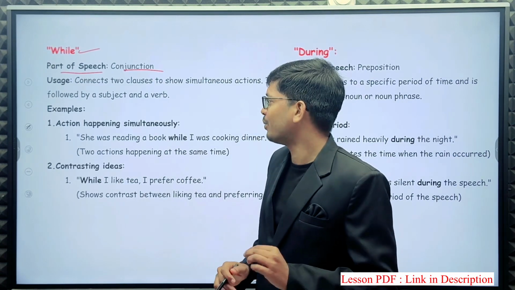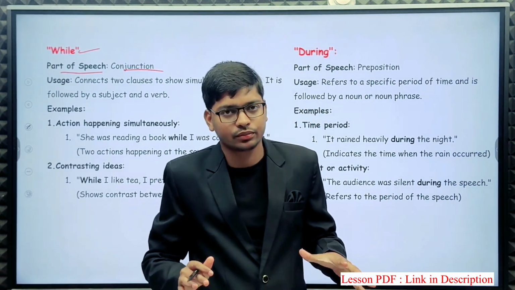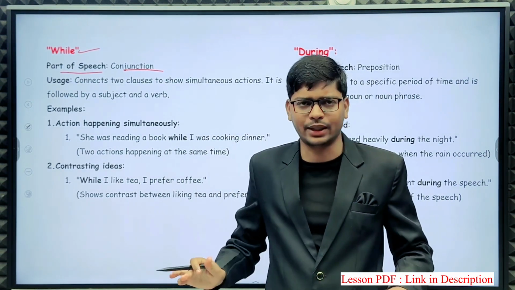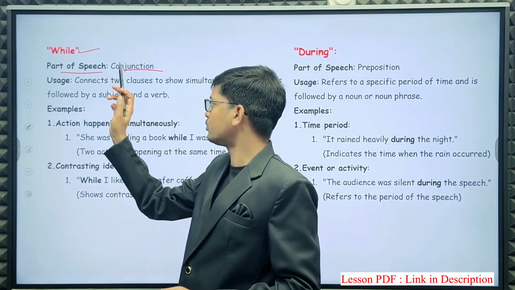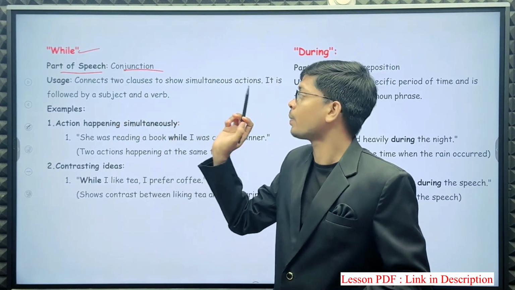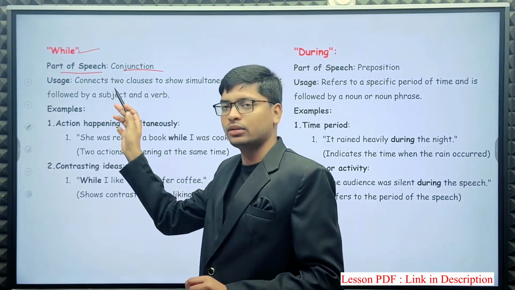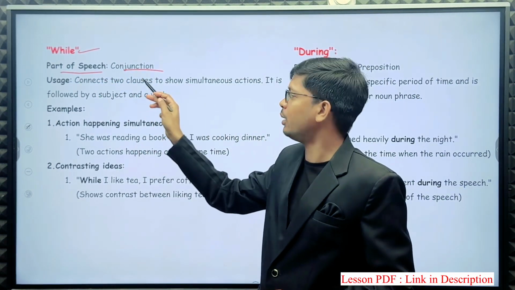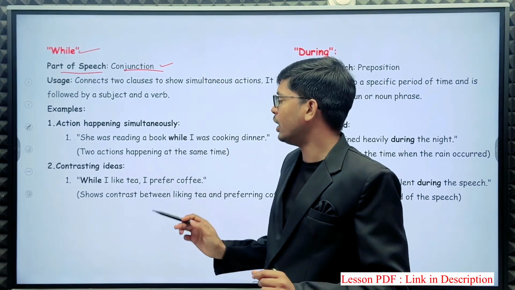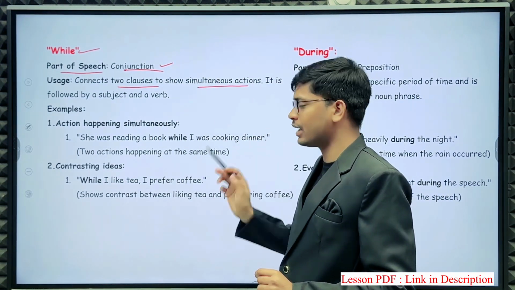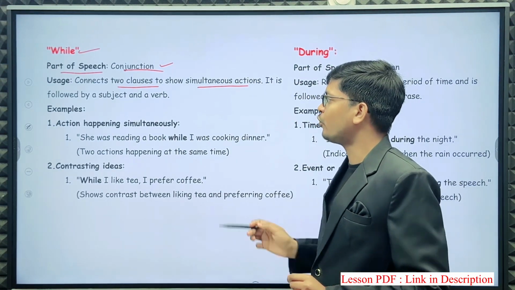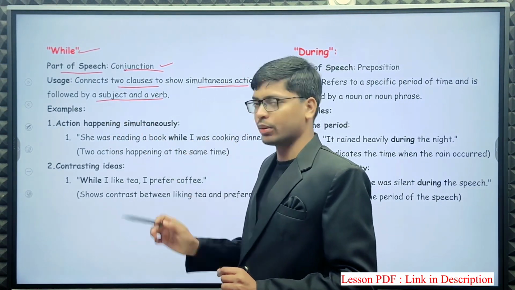If you have not read this topic, don't worry, you can easily understand it here. While is a conjunction that connects two clauses to show simultaneous actions, and it is followed by a subject and a verb.